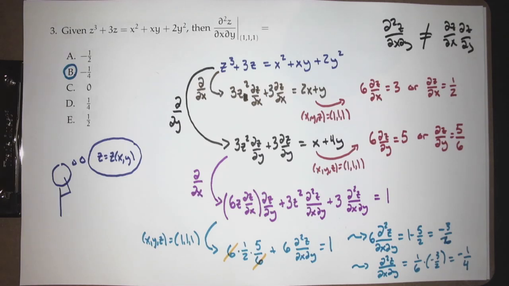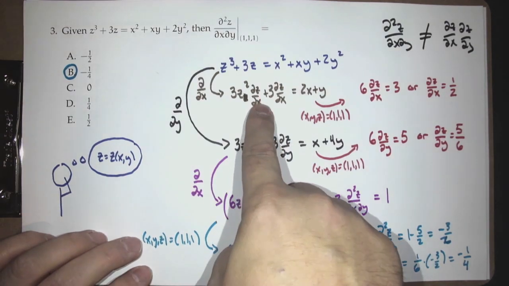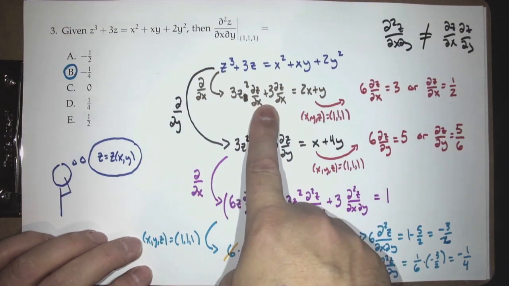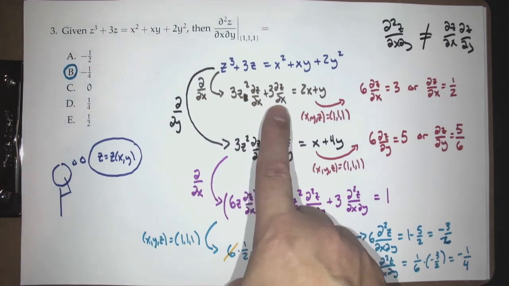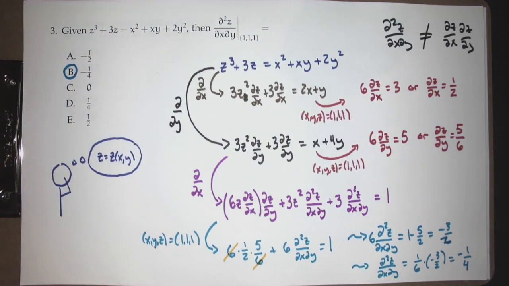Now, I will tell you there's something I do that usually the book says not to do. Or the book would say, hey, solve for partial z partial x at this point. But do you know what that means? Fractions. I don't like fractions because then you get into quotient rules, and then I gotta remember, is it low d high or is it high d low, and so I try to avoid fractions.